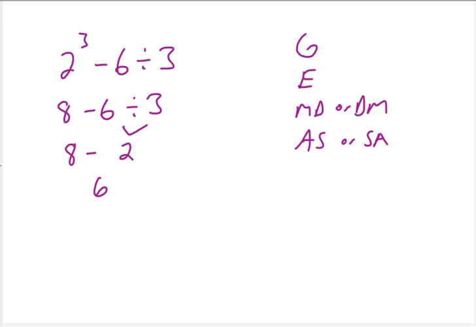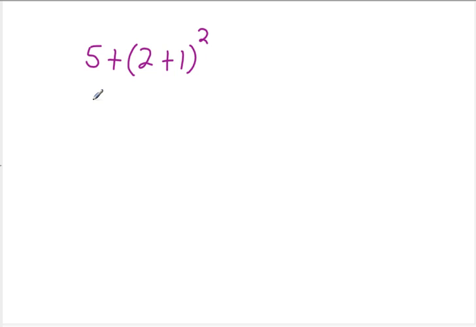If I have 5 plus parentheses 2 plus 1 parentheses squared. Well, again, the order is grouping symbols go first, so we have to do that first. The grouping symbol here is 2 plus 1, so that's going to be 3.